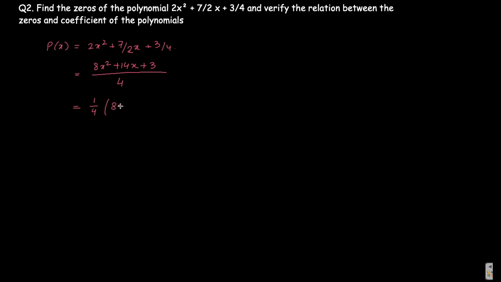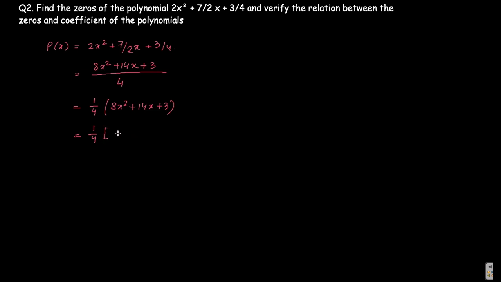Now it is 8x² + 14x + 3. If we middle term factorize this polynomial by the middle term method, whatever zeros are coming, 1/4 into this expression has the same zeros. So we have to make the middle term split, with 1/4 outside.